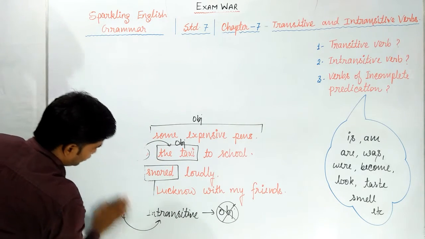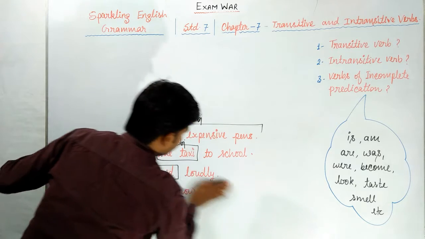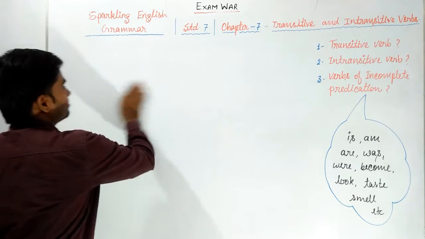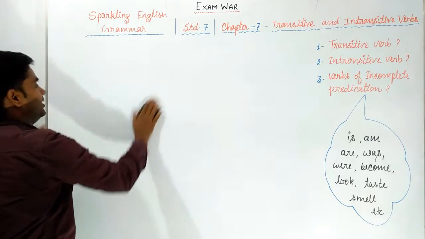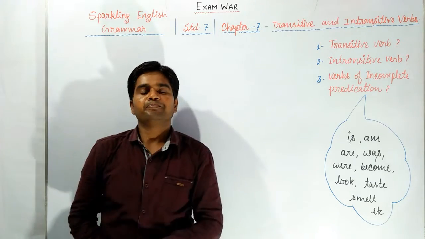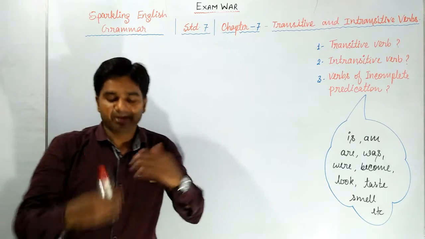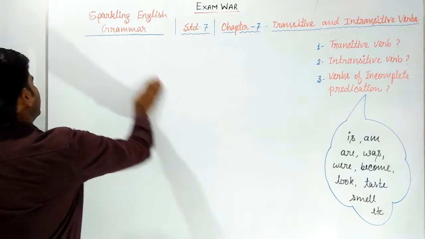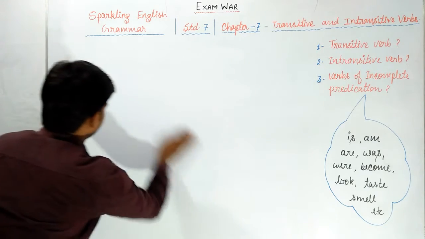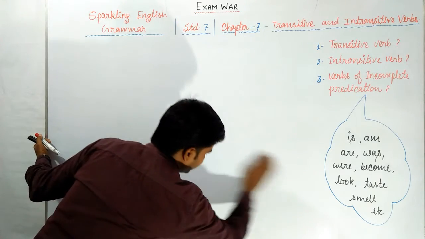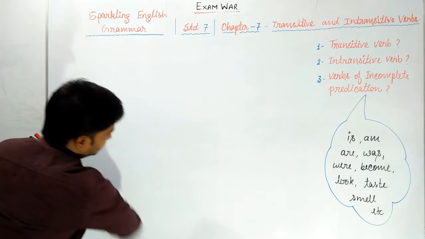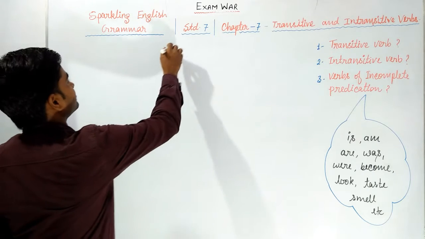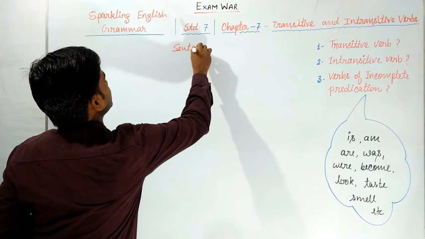Now it's time to discuss what are the verbs of incomplete predication. So my dear students, in English we use a number of verbs which are transitive or intransitive or incomplete predication. In the previous class we discussed 2 parts of a sentence.